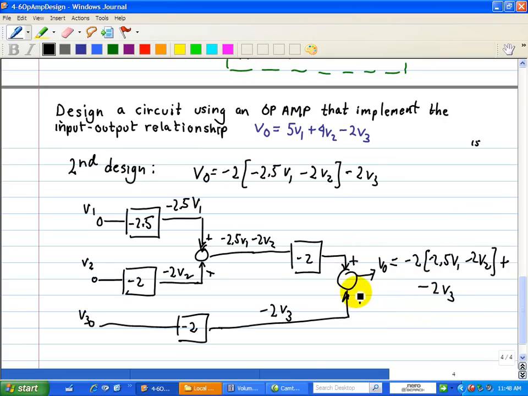So here's our summer. The output coming out of here is -2 times (-2.5 V1 minus V2). Next, we'll show you the circuit realization using op amps to implement this block diagram.